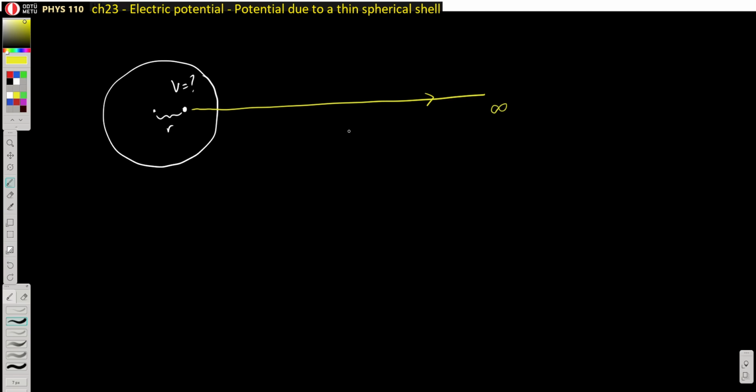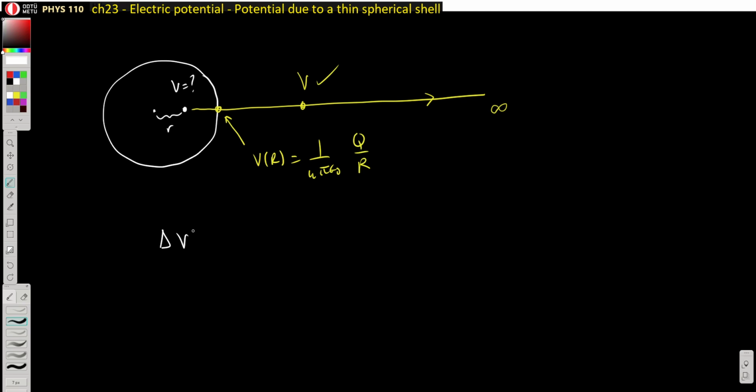But in the previous part of the problem, I have computed the potential at every outside point. So there is no reason why I should extend this to infinity. I can choose any other outside point and stop there because I know the potential at that point. So I know the value in here. In particular, I know the value of the potential at the surface. So I know that this V of R is equal to 1 over 4 pi epsilon 0 q divided by R. And therefore, I can do it like this.